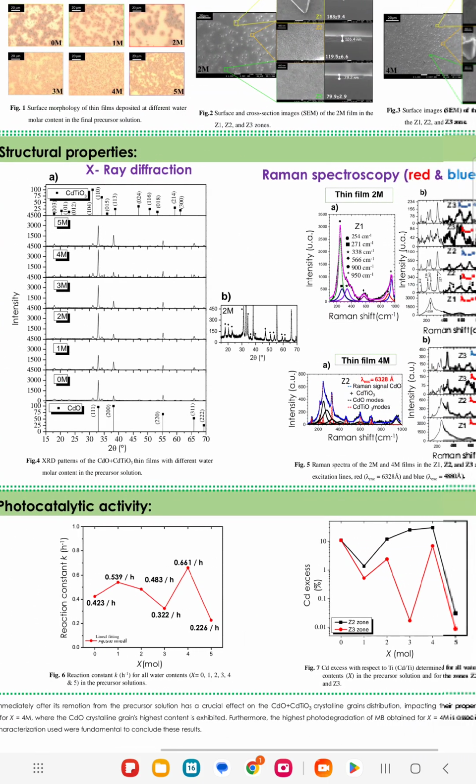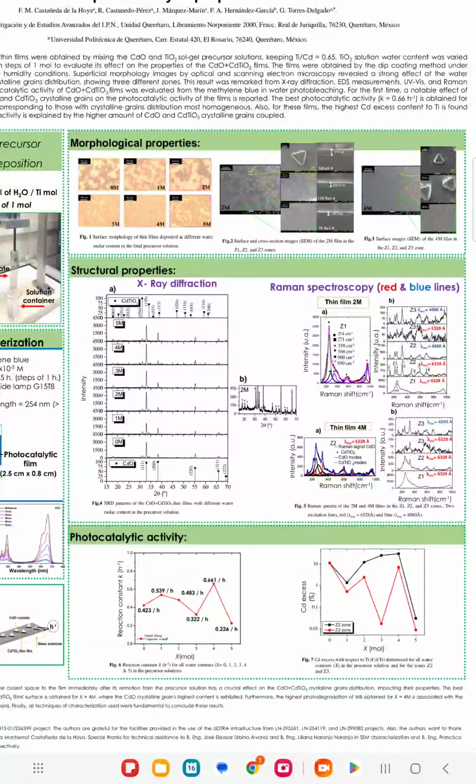In this case, the result is explained by the fact that for this film we have a higher amount of crystalline grains of cadmium oxide coupled with crystalline grains of cadmium titanate.